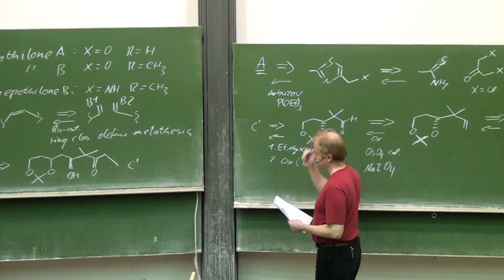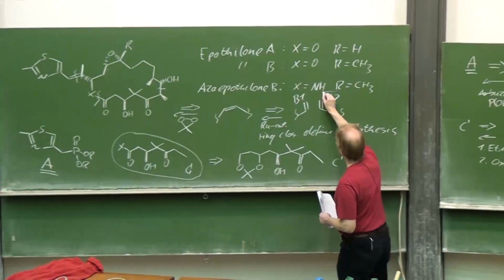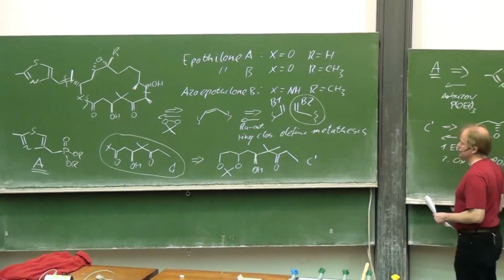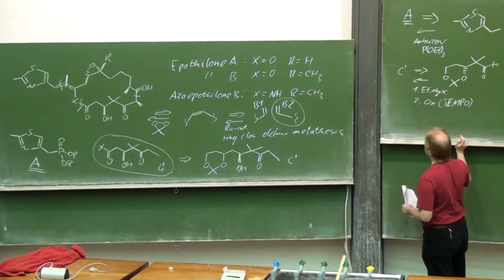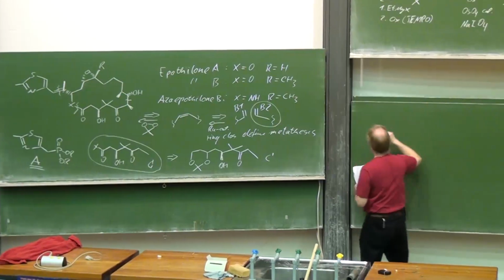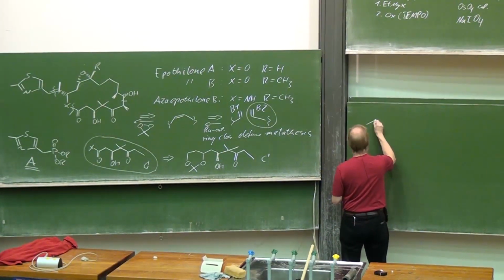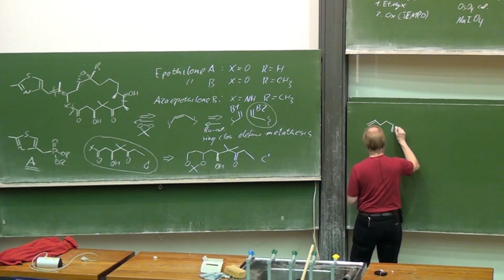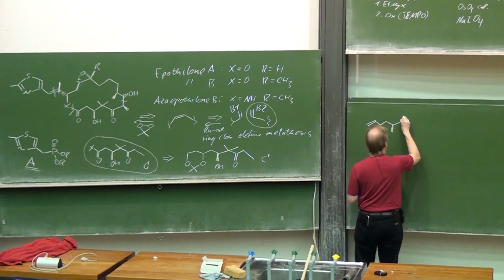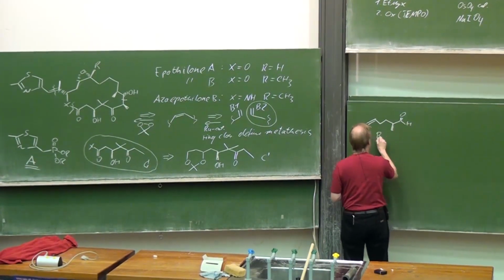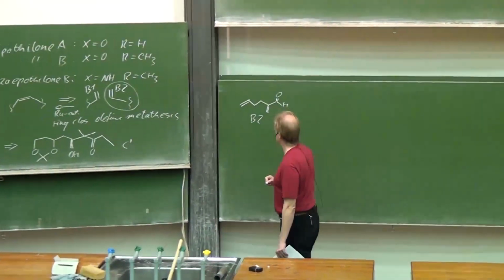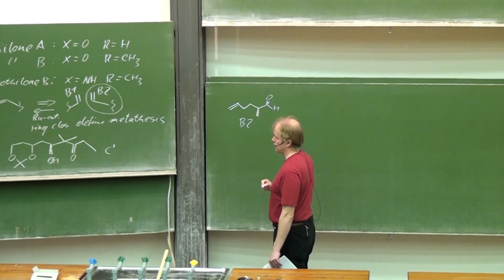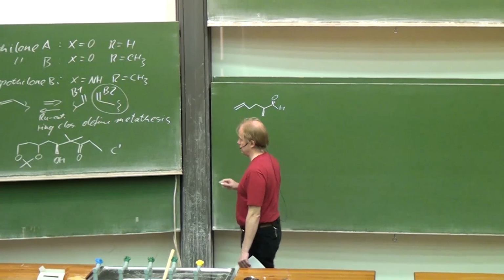So next I would like to explain how one can synthesize B2. So let's draw B2. It's this structure. Let's count. Are we right here?